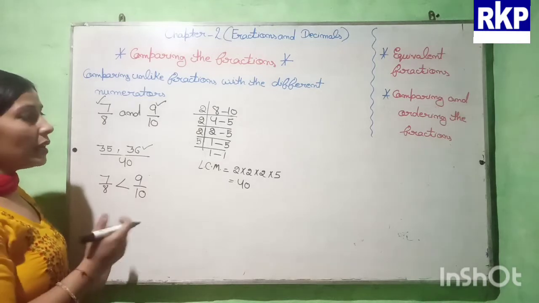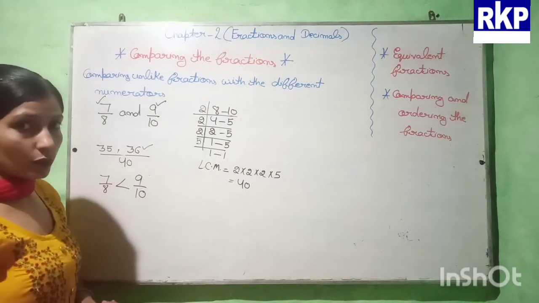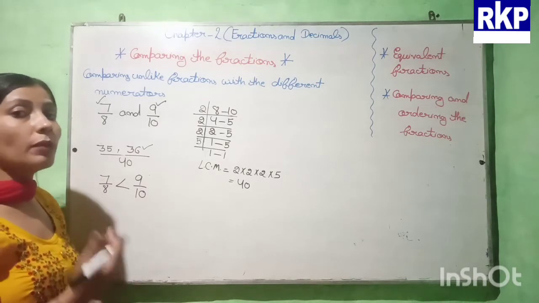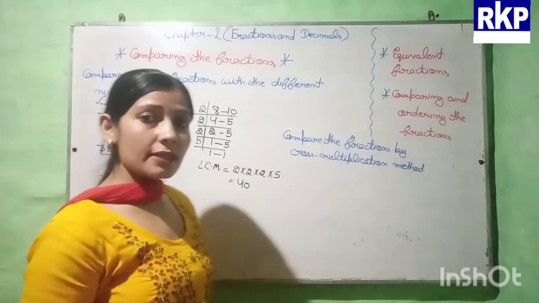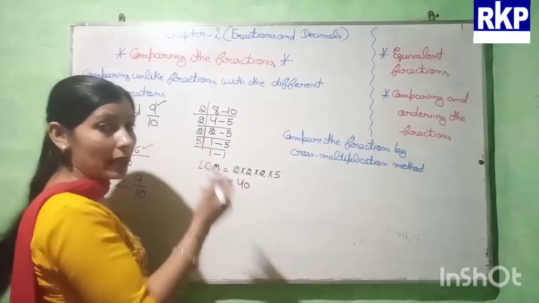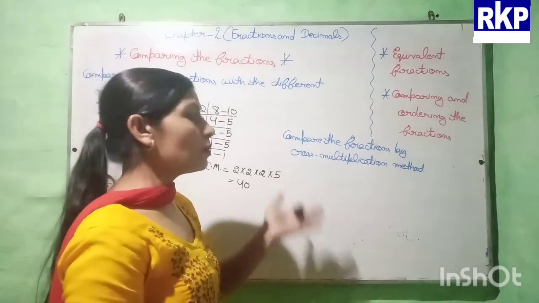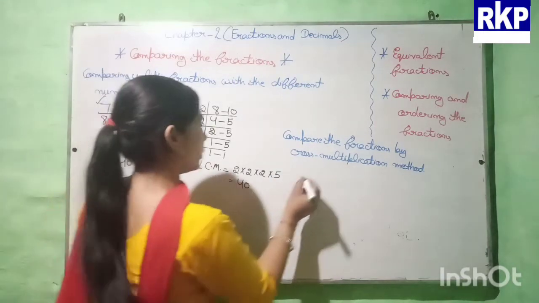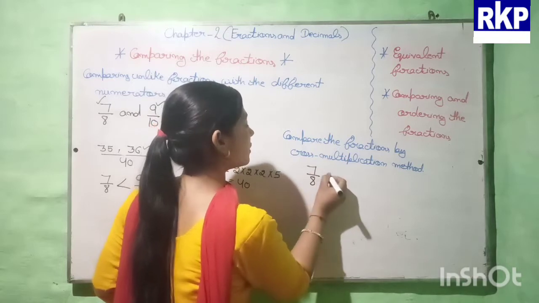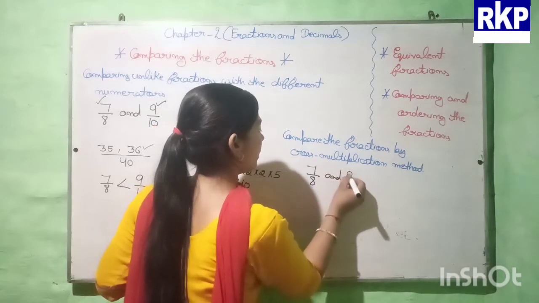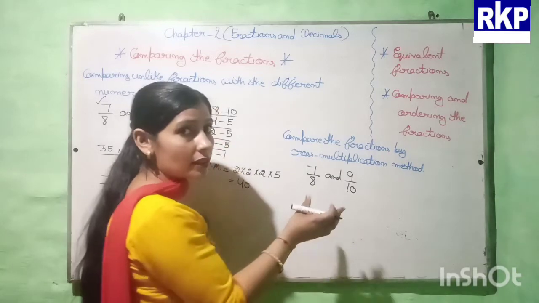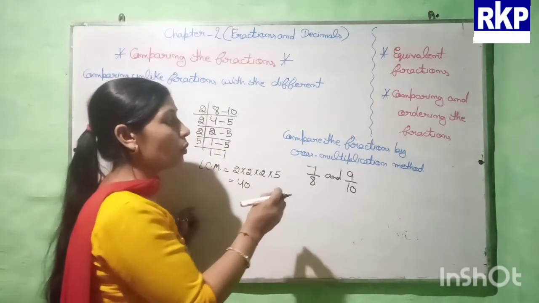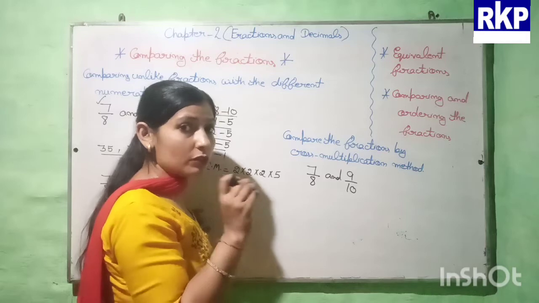Okay, and we have another method also, and that is the cross multiplication method. Now let us see that method also. Let us compare these same fractions with the cross multiplication method. So here we have 7 by 8 and 9 by 10. According to the cross multiplication method, beta, what will we do?